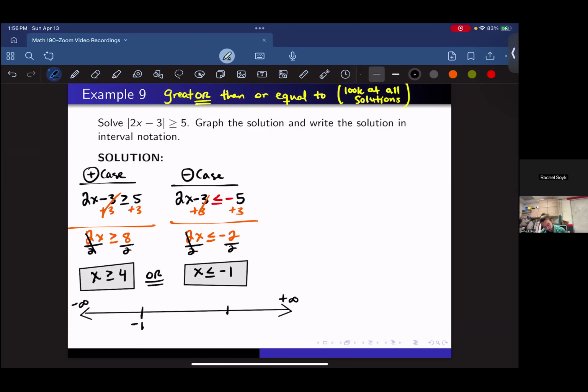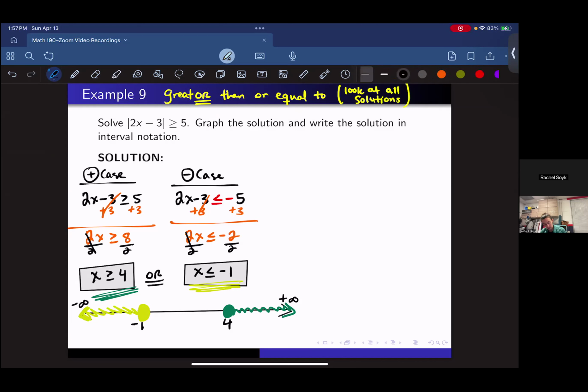Because they're both underlined, we're going to have some closed circles here. x is greater than or equal to 4. Fill in the circle, all values greater than or equal. And then we have x is less than or equal to -1. Fill in the circle, and shade in all values less than this. We're representing all of these, all of the yellow and all of the green.